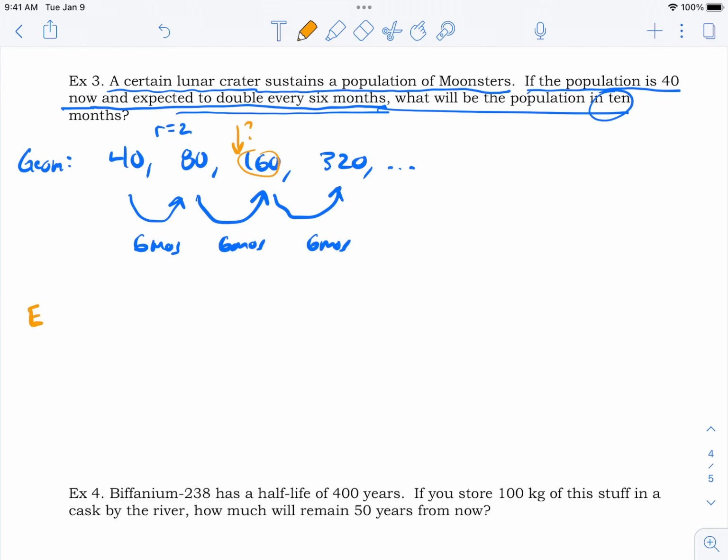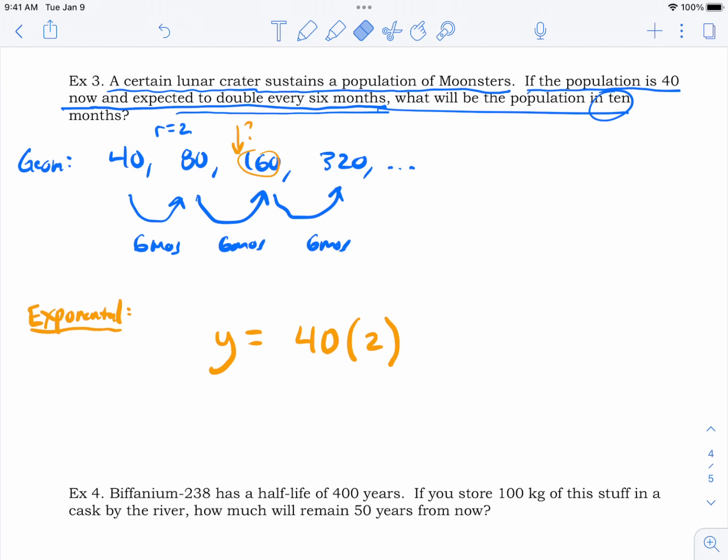If you model this as exponential, here's what you can do. You can say the population is, or y is, maybe I'll just use y. People are always comfortable with y. Y is, start at 40, keep doubling. Now remember, for a geometric, we would do this n minus 1 thing, but that's not what we want to do.